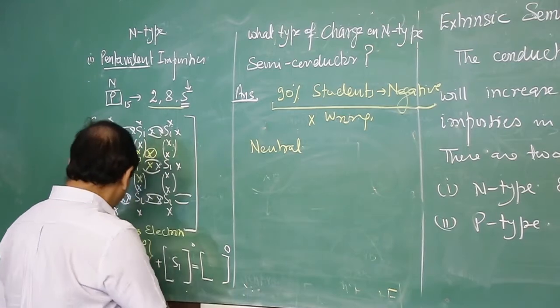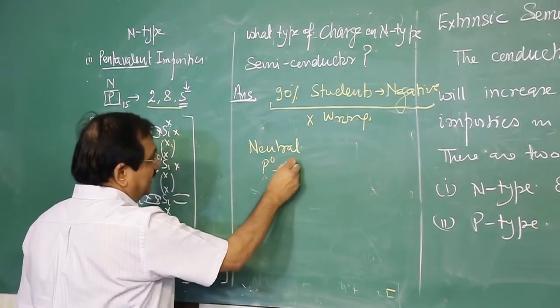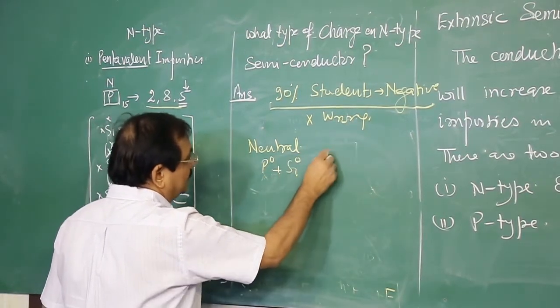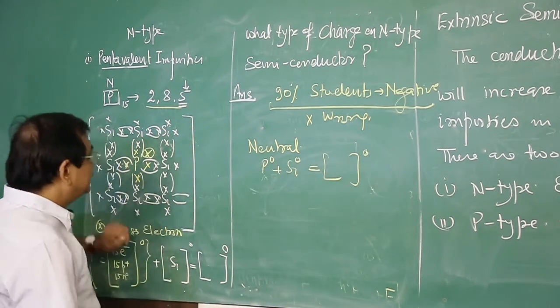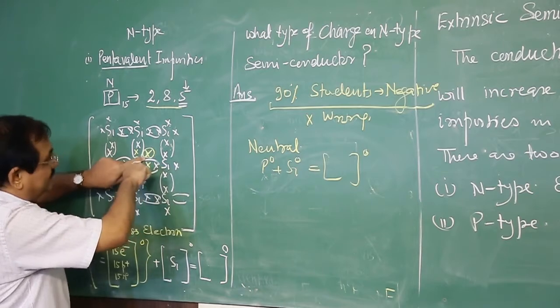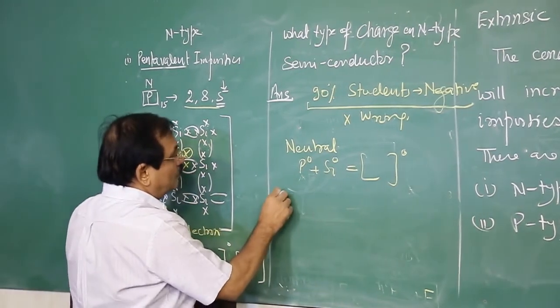Why is it neutral? Because P is neutral, Si is neutral, so the system is neutral. Where is the negative charge? Just the excess electron, note.